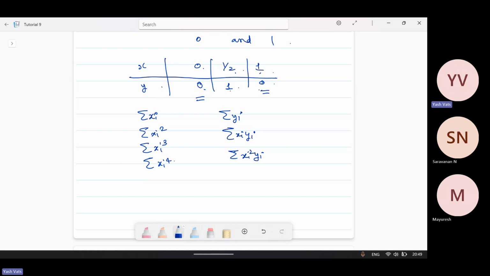Tell me the values you are getting by substituting. Maybe you can try this. Finally tell me C0, C1, and C2 directly, using the formulas.